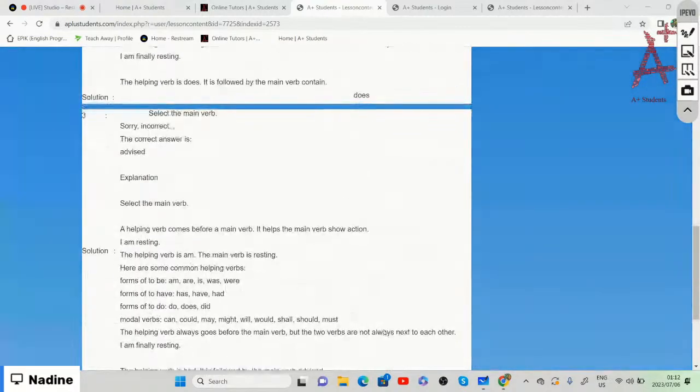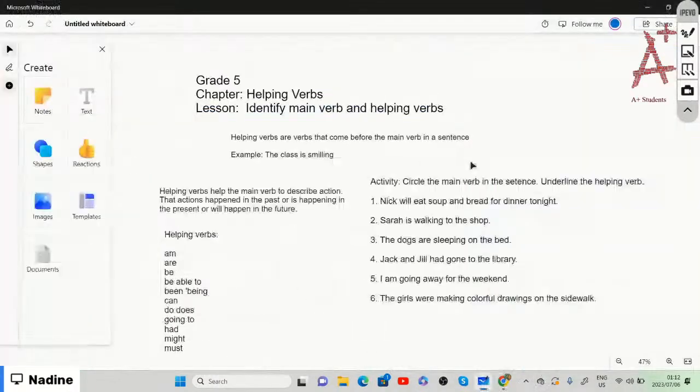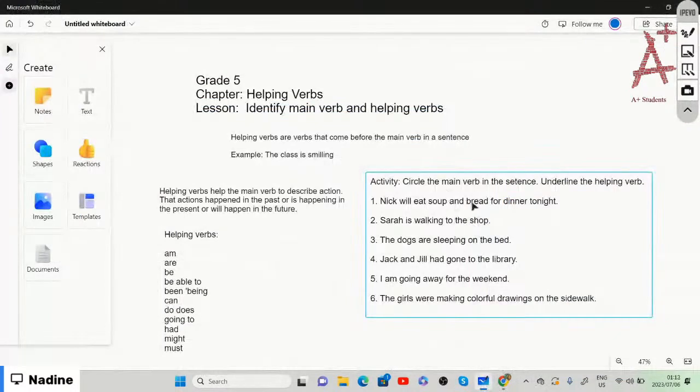Okay, let us go to our whiteboard. We are going to look at the activity that we have here in front of us. The activity says circle the main verb in the sentence, and then underline the helping verb.